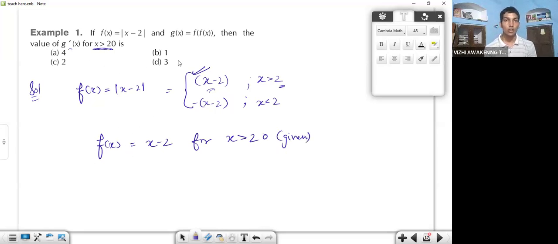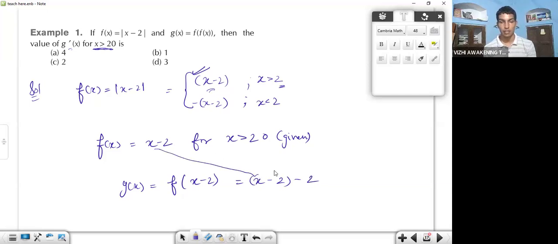Okay. So z of x is f of f of x. What is f of x? x minus 2. And further substituting the value of x minus 2 in this function, at the place of x we will substitute x minus 2, so x has become x minus 2 and the minus 2 remains the same.